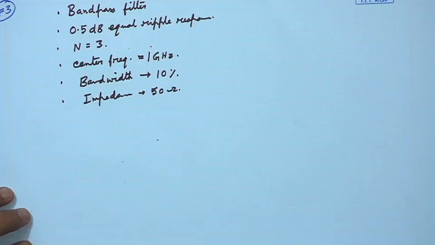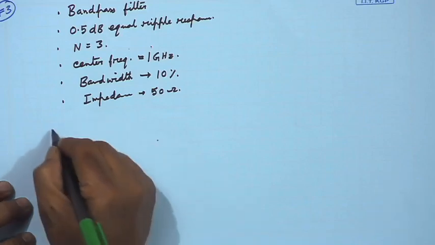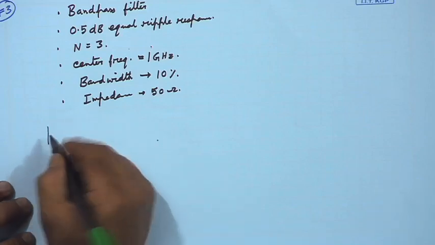So, basically we will have the 4 things from the table, G naught always is 1. So, I can take the circuit as like this.